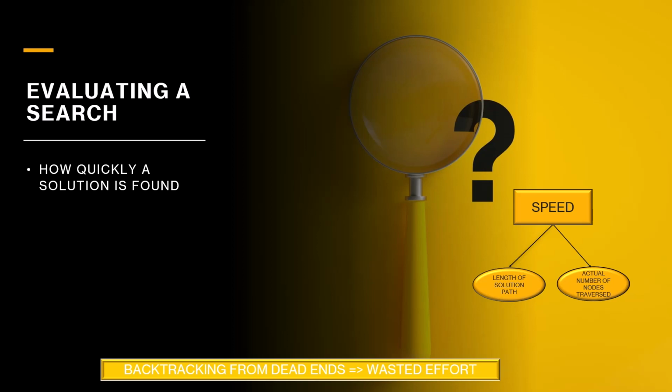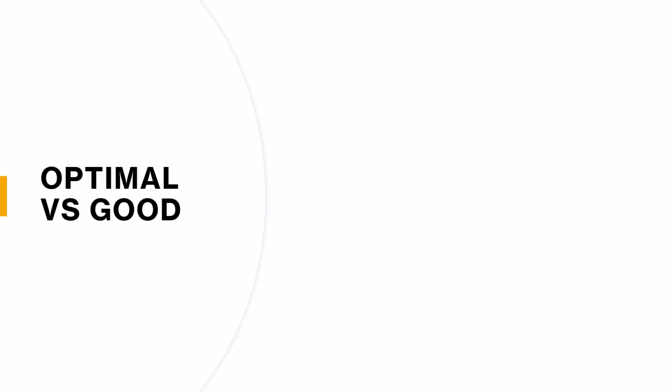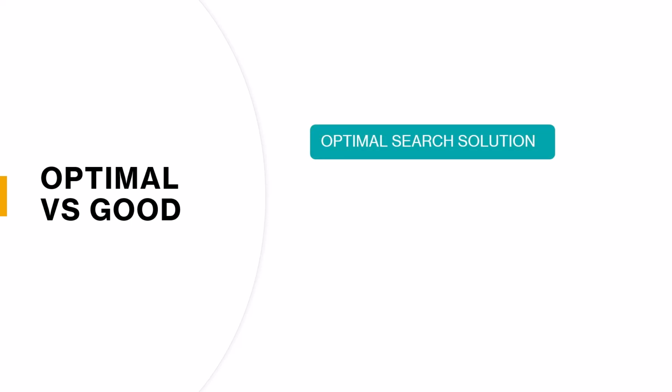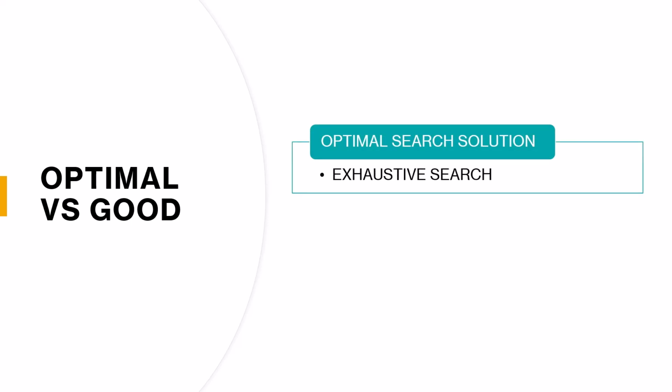The next important factor to consider while evaluating a search is how good the solution is. And when we talk about good, we need to evaluate optimal versus good. Remember, the optimal solution can only be found using the exhaustive search. But as we saw, it's impractical to use an exhaustive search if the number of possible solutions is a large one, right?